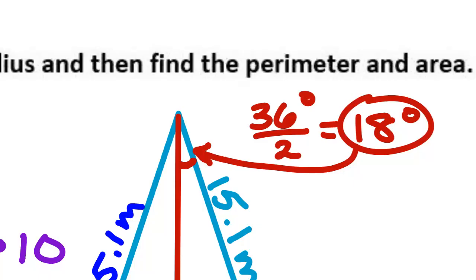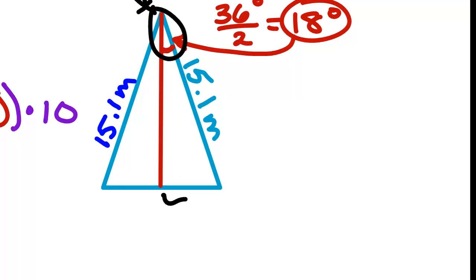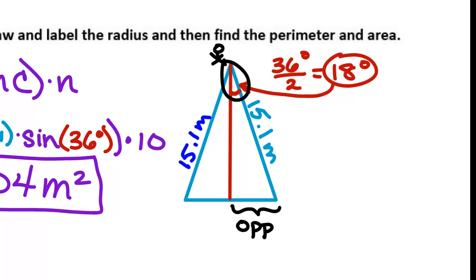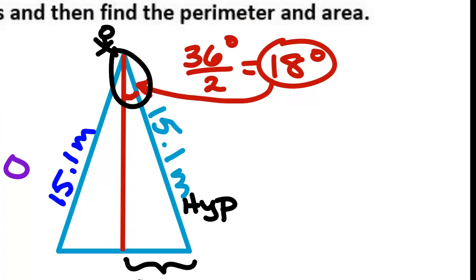That's how big we are here. This is where we're going to stand. We're looking for this. The side that we're looking for is which side? The opposite side. The 15.1 right here is which side? That's the hypotenuse. So sine, cosine, or tangent? Sine.